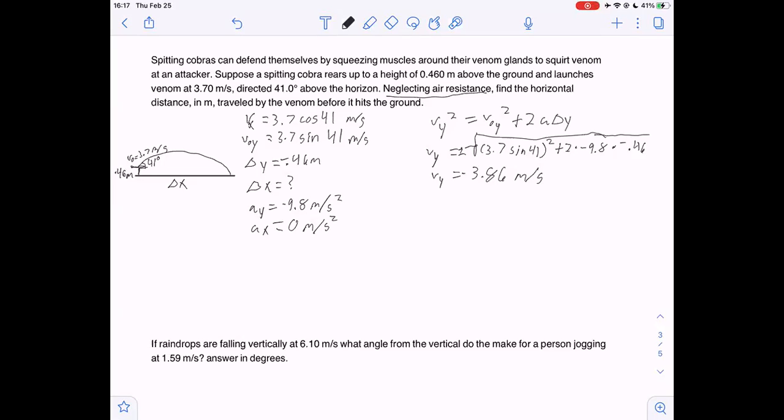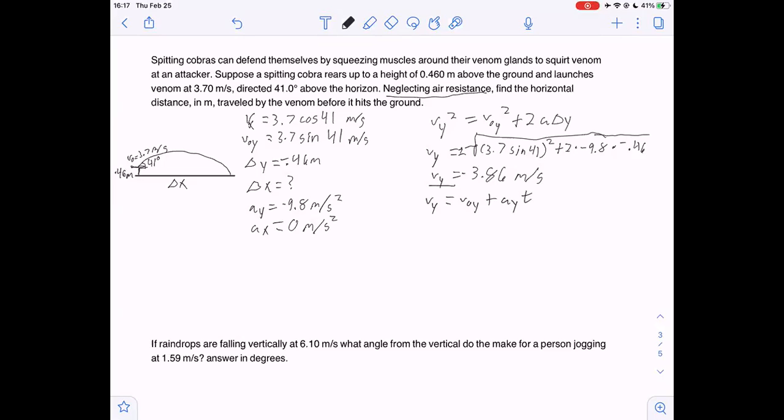Okay. So before we go over to the x stuff, we can use an equation to find the time, because once we have the time, we can find our delta x. So the equation we're going to use for that is our final velocity of y that we just found is equal to our initial velocity of y plus a of y times t.